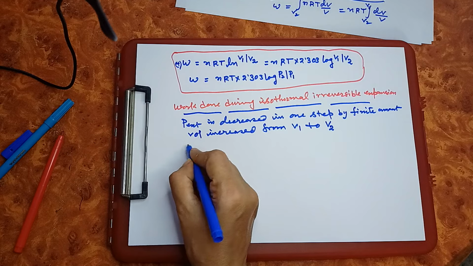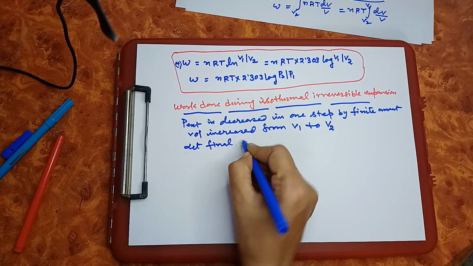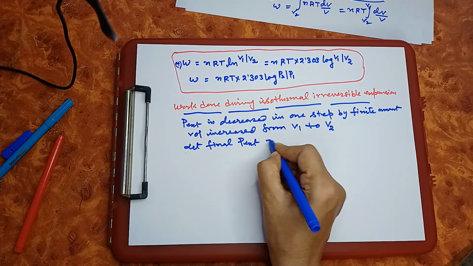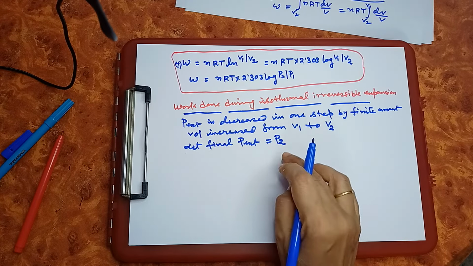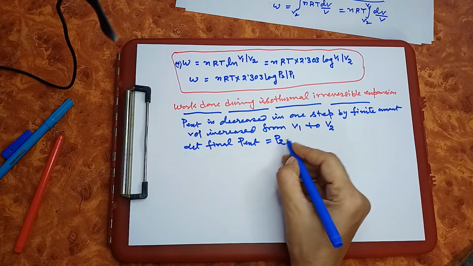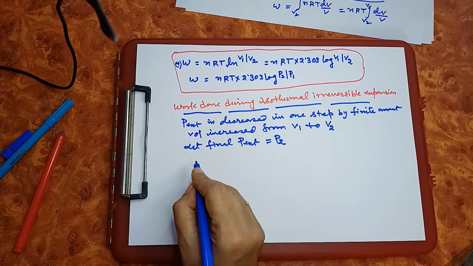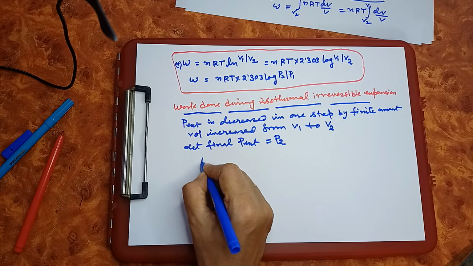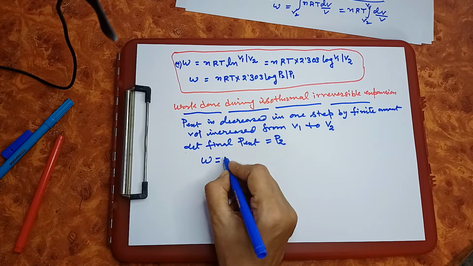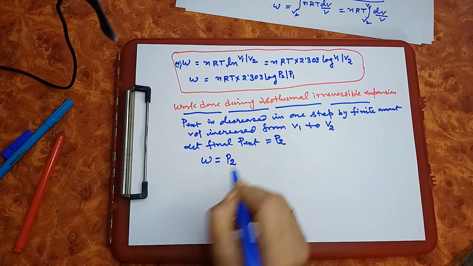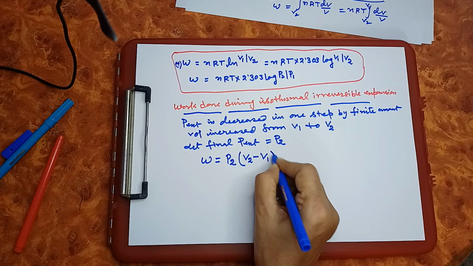Now P external is decreased suddenly in one step by a finite amount. Let the final P external be P2. So the gas is working, or work of expansion is done by the gas, against this final external pressure P2. So the work done by the gas will be equal to the final external pressure times the change in volume, that is final volume minus initial volume.